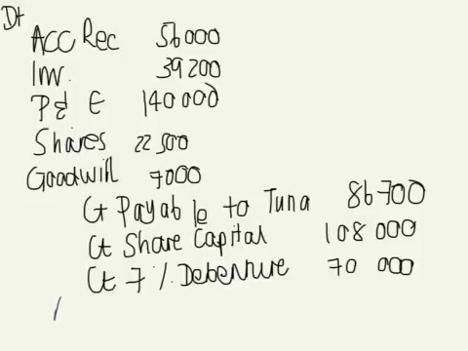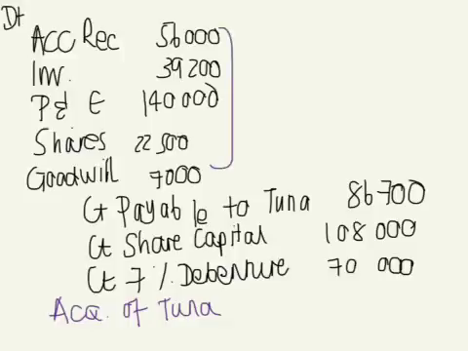Okay, so this entry records the acquisition of Tuna Limited in the accounting records of the acquirer, New Starfish. As you can see, all these figures come straight from the acquisition analysis.